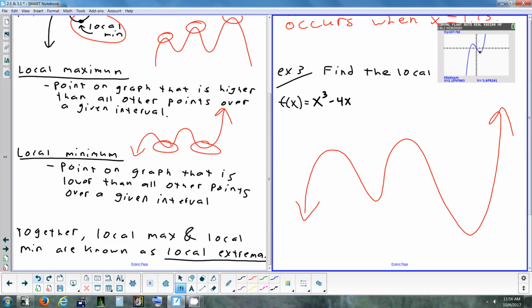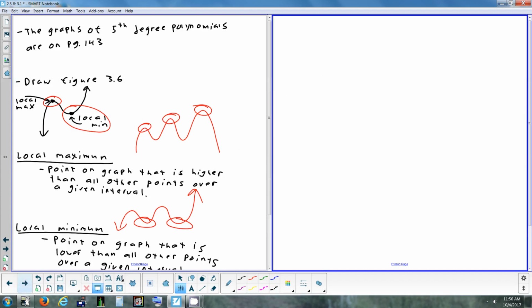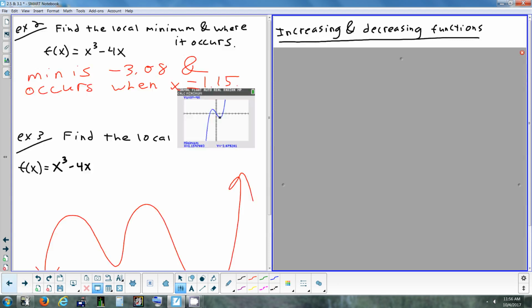And then you hit a local max, and then what happens? You're going down. So anywhere that you have a local max, you go from increasing to decreasing. Now, what about a local min? Right before a local min, what are you doing? Decreasing. Then you're increasing.